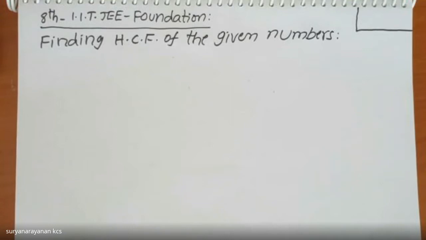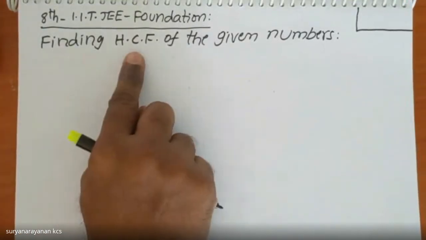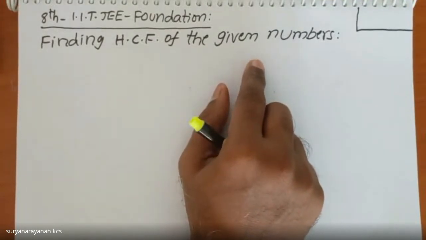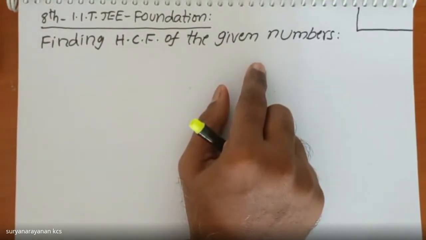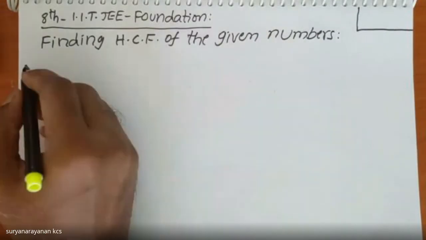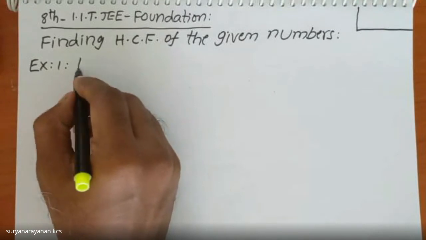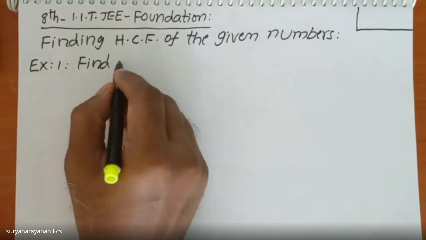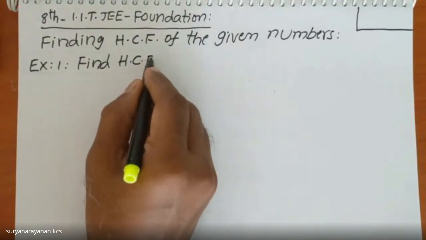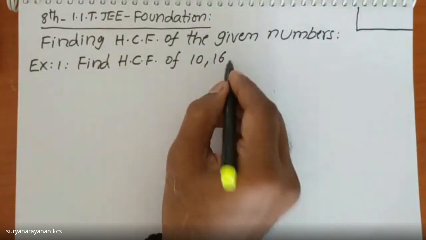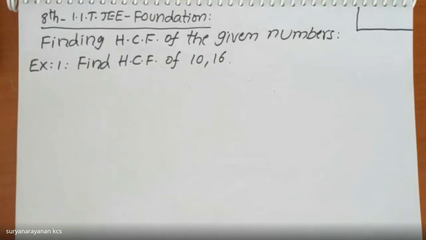Today we are going to discuss this topic, finding HCF of the given numbers. Do you know, my dear children, how to find HCF of given numbers? Example, how do you find the HCF of these two numbers?